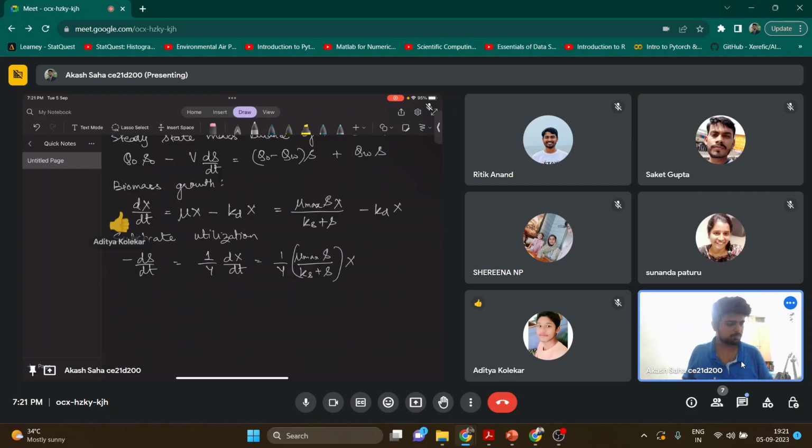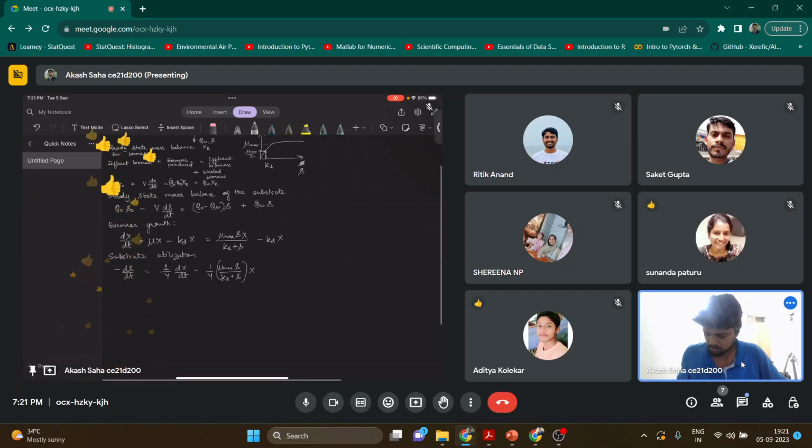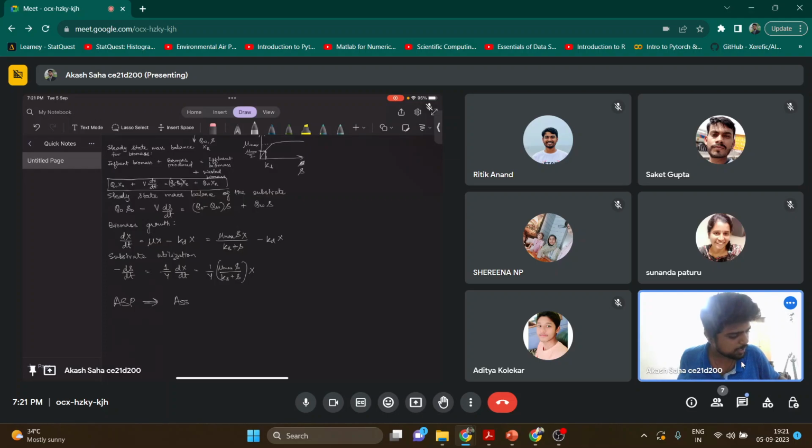Okay, so we'll now come back to our first equation, that is my mass balance of the biomass. In any activated sludge process, we assume that the influent biomass concentration and the effluent biomass concentration both are zero.